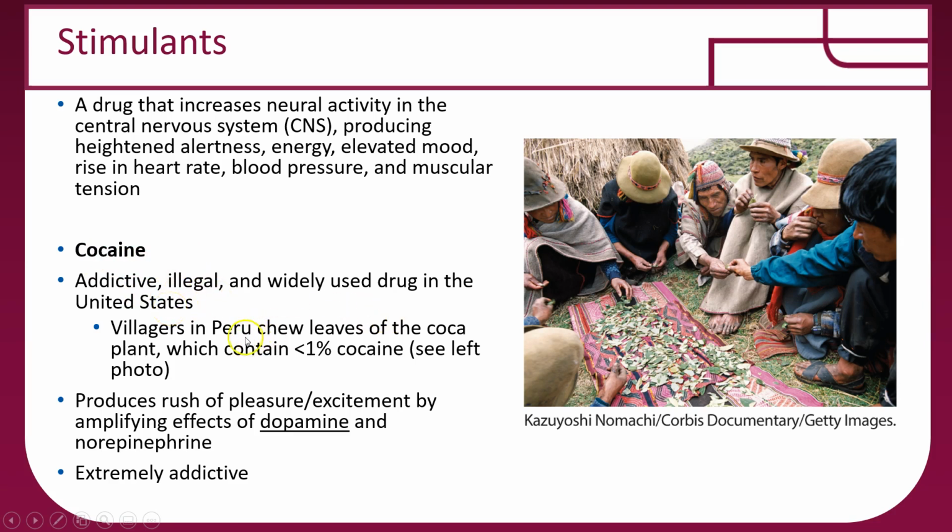Villagers in Peru chew the leaves of the coca plant, which contains less than 1% cocaine. Cocaine produces a rush of pleasure and excitement by amplifying the effects of dopamine and norepinephrine. Most of our highly addictive drugs work on the dopamine system. And as I said, cocaine is extremely addictive.